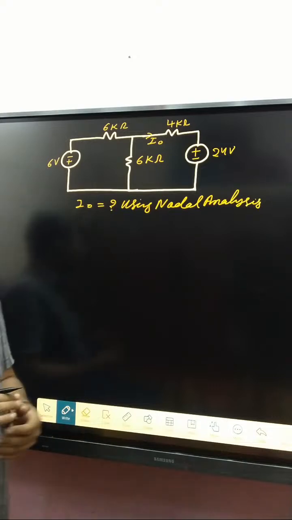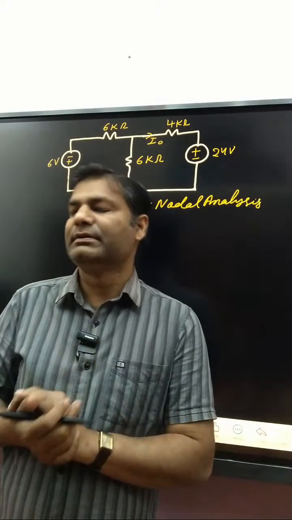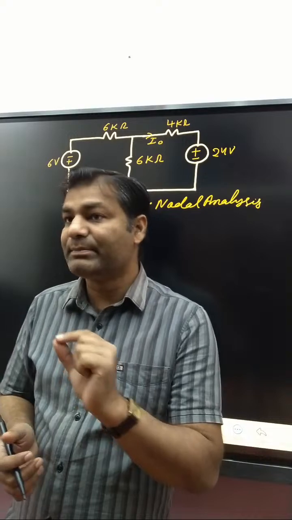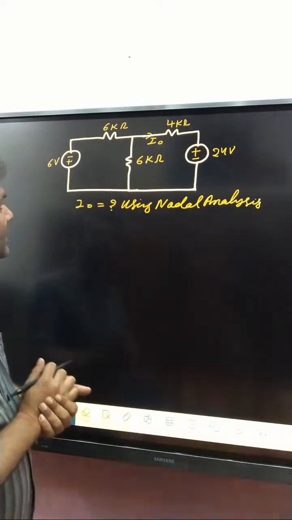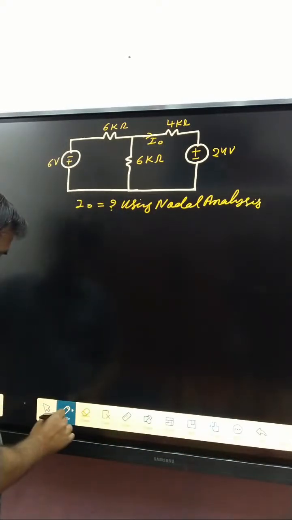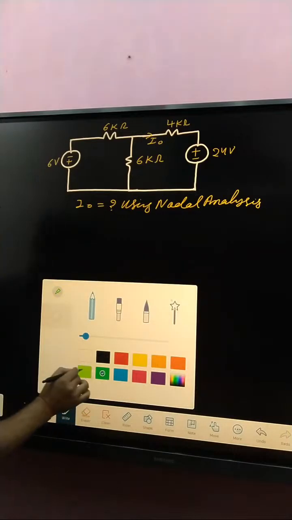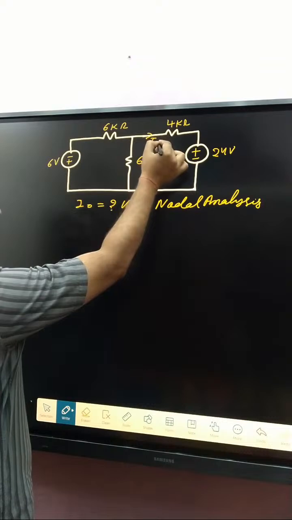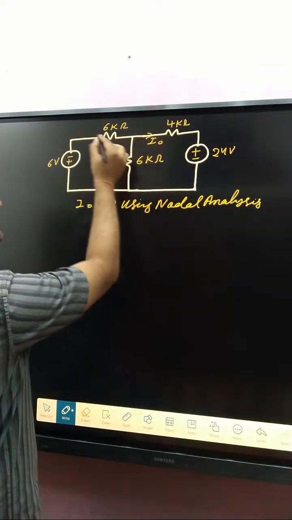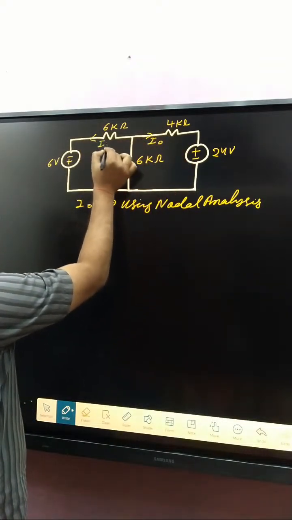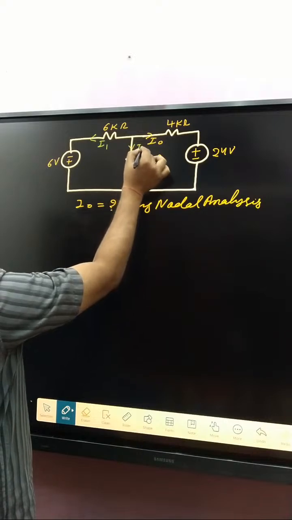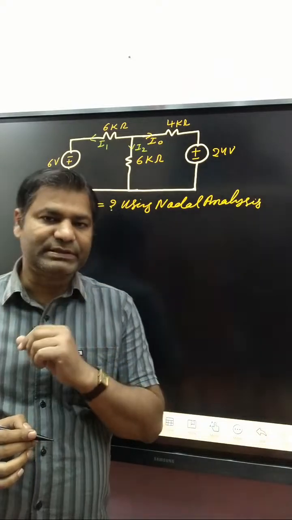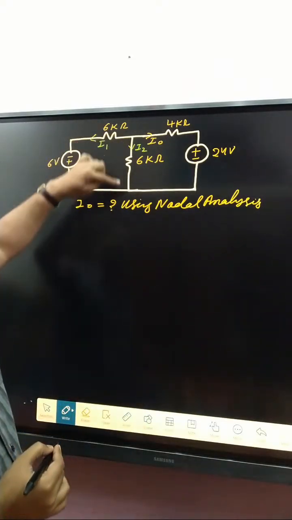Now, according to nodal analysis, first of all decide the branch currents. This one branch current is already given as I naught, and here we consider I1 and here I2. After that, the node voltages. How many nodes? That one and that one.